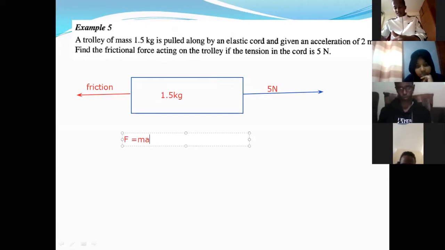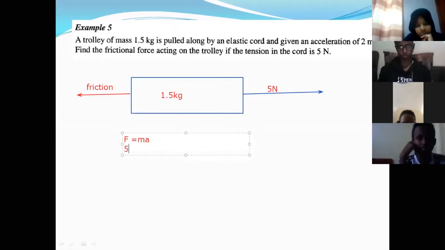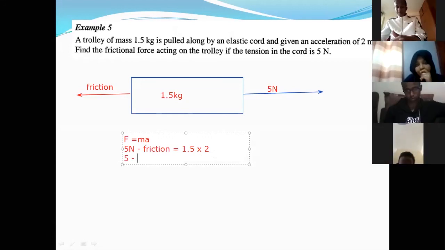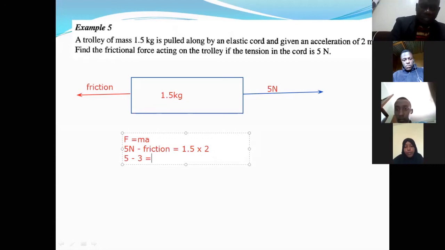In this case, our resultant force will be 5 newtons minus friction, and this should be equal to 1.5, the mass, multiplied by the acceleration, which is 2. So on the right hand side, this will be 5 minus 3. So that means our frictional force will be equal to friction.